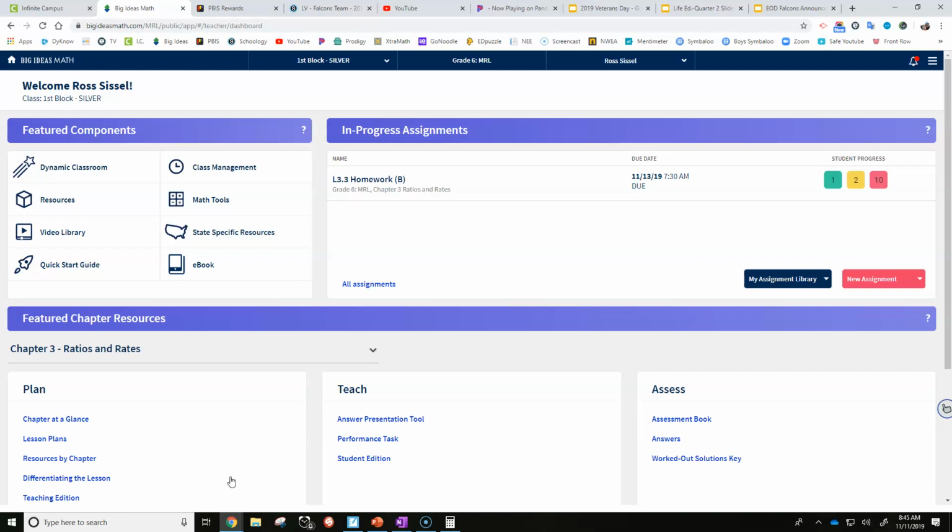If you do not want to do that Big Ideas, or if Big Ideas is messing up, I give you a worksheet. If you got the one that says lesson 3.3, I said practice on this side. Okay, it says reteach. The one side that says page 103, there's nothing for you to do.